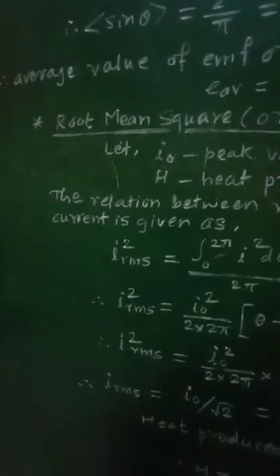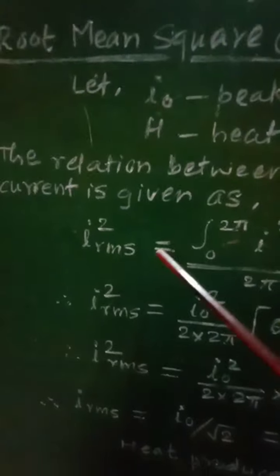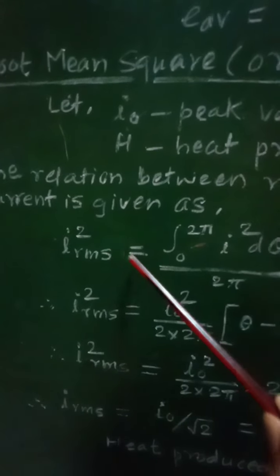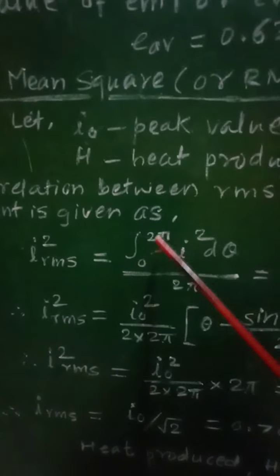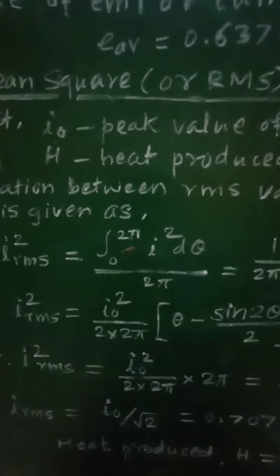and the peak value, that is the maximum value of the alternating current, is given as: IRMS square will be equal to the integration from 0 to 2 pi of I square d theta upon 2 pi.